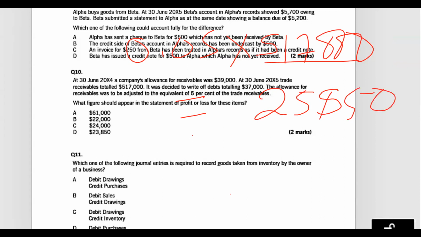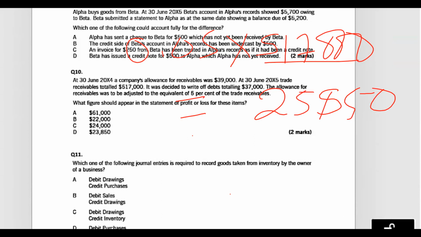This is the total allowance for receivables after you have closed as of this date.